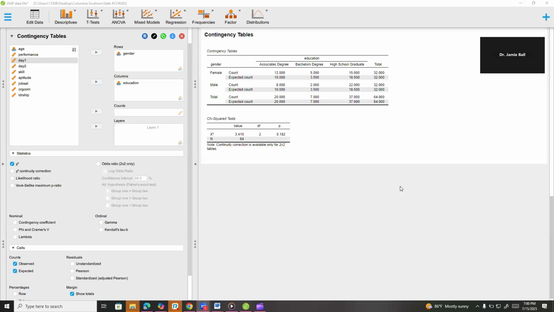The last thing we should discuss about a chi-square is something called effect size. So if you have a little tiny effect, like 1 percentage point or 0.1%, there's no practical application for that.